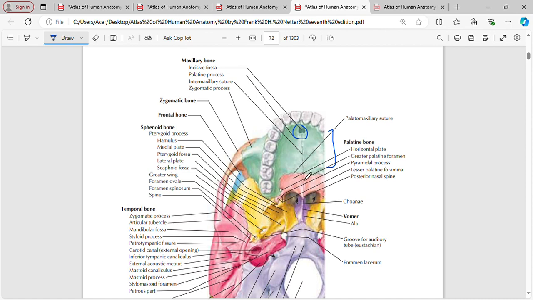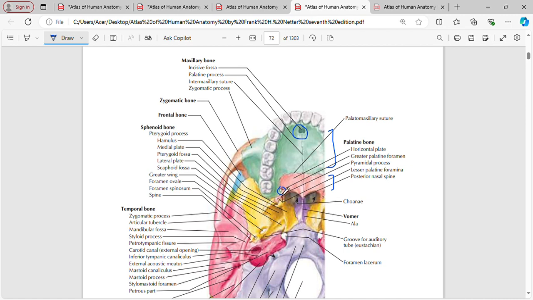On the other hand, the posterior one-third of the hard palate is made up of another bone, that is actually the palatine bone. The horizontal plate of the palatine bone makes it up, right? In a similar way to the incisive foramen or incisive fossa, there is also the presence of two foramina, the greater palatine foramen.